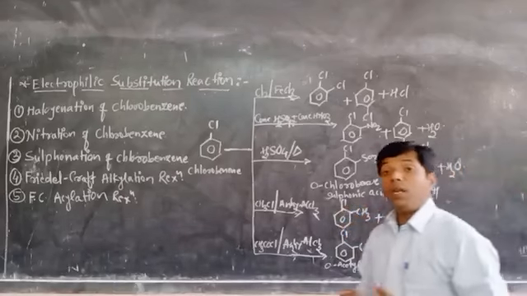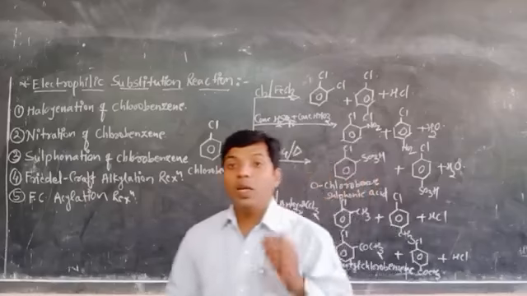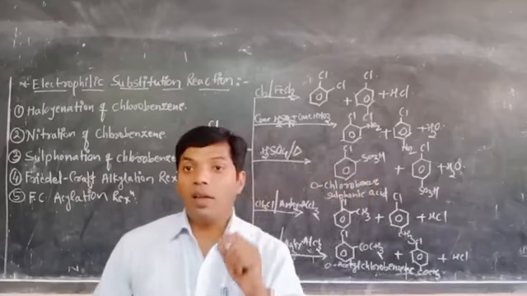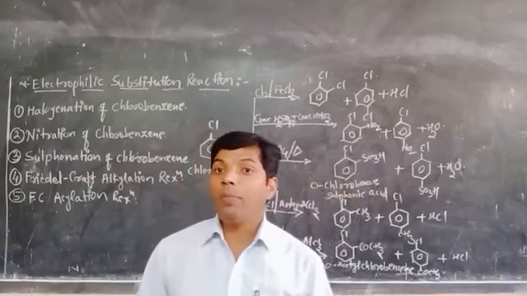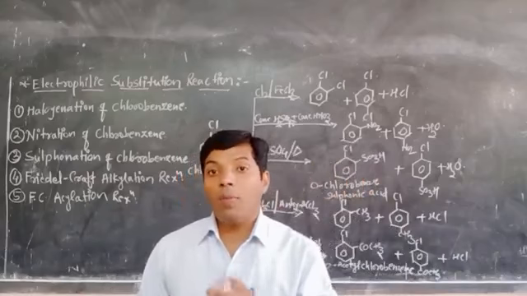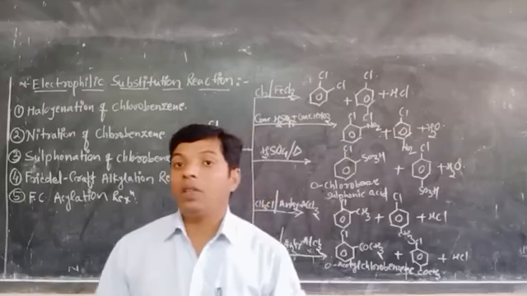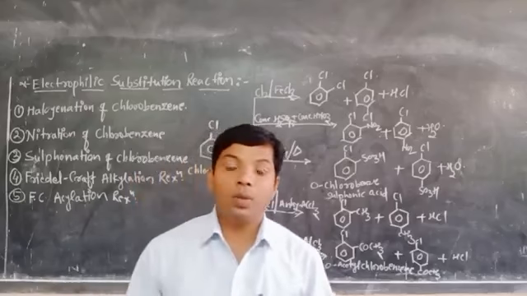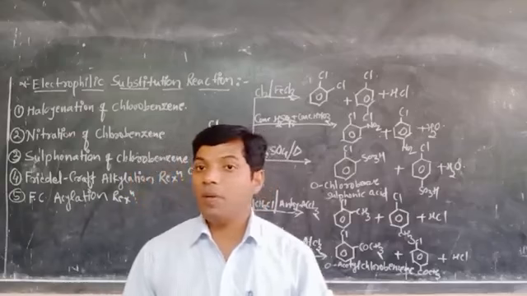plus you will get HCl. So what is the statement of the Friedel-Crafts alkylation reaction? In the Friedel-Crafts alkylation reaction, an aromatic compound or a derivative of an aromatic compound is treated with an alkyl halide. Here I have chosen methyl chloride as the alkyl halide, in the presence of a Lewis acid.